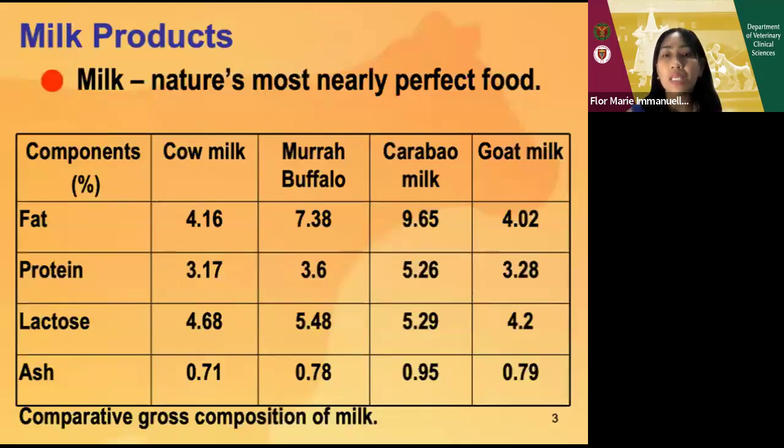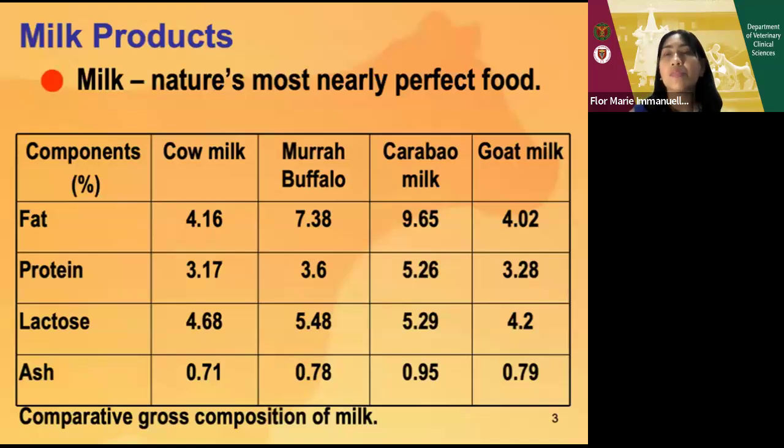And standardization means that if the percent protein is more than 3.5, we're going to remove some of the protein and use it somewhere else, so that liquid milk that will be coming out of the processing plant will all be 3.5%, okay? So in terms of protein, on the Murrah buffalo, it's also giving off quite similar percent protein as of the cow's milk and also of the goat's milk.